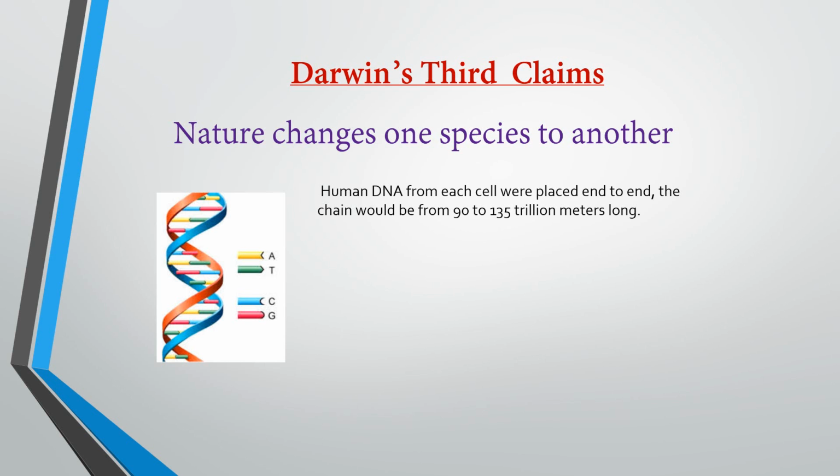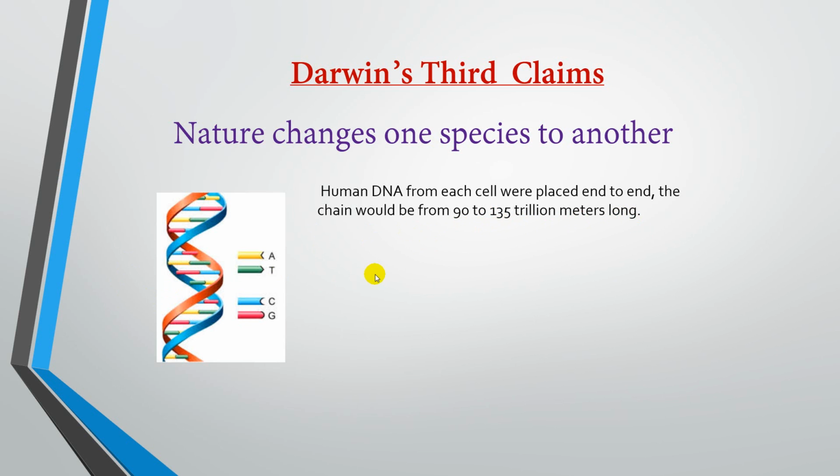So as we understood, there are trillions of cells in the human body, and each cell contains DNA. If we take human DNA from each cell and place them end to end, this is a photo of a DNA, by the way, it would be about 135 trillion meters long.